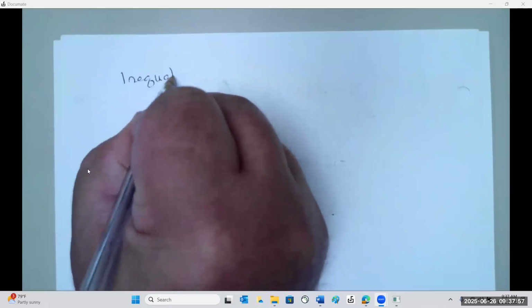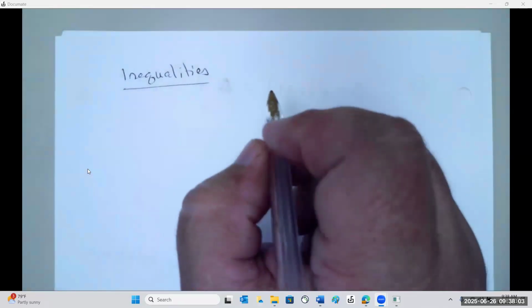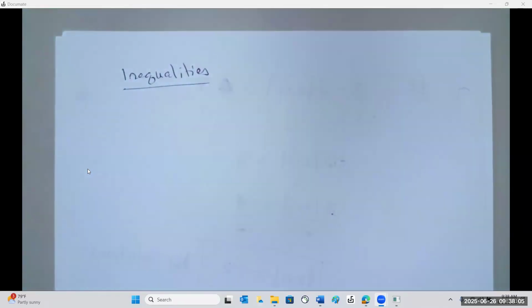Let's look at inequalities. There are two separate rules here because we have two basic inequalities, less than and greater than.